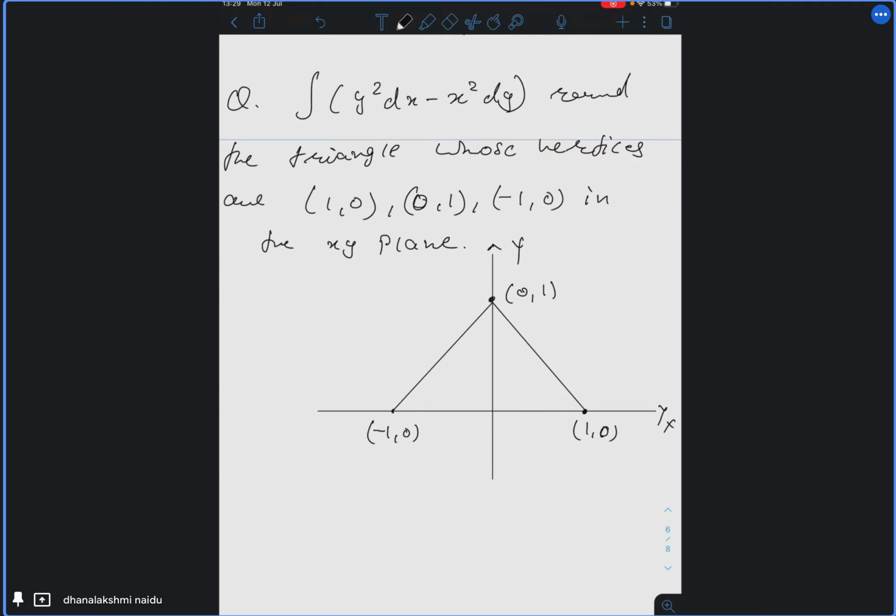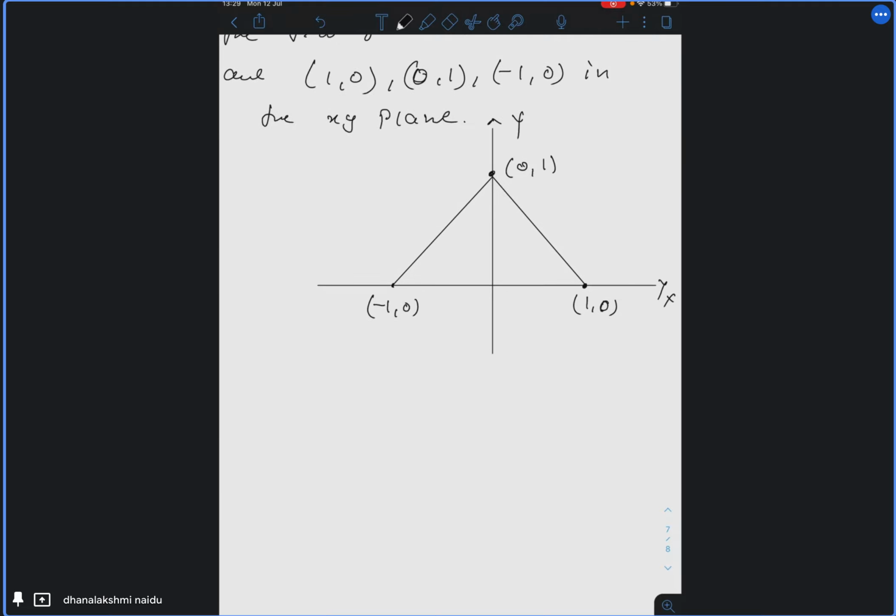So calculate it. Here if I mention these points, this point A, this point B, this point C, then overall our integral, which is y square dx minus x square dy, will be equal to the integral along AB, along BC, plus along CA.